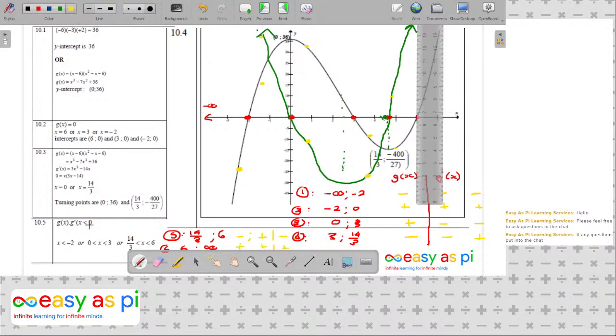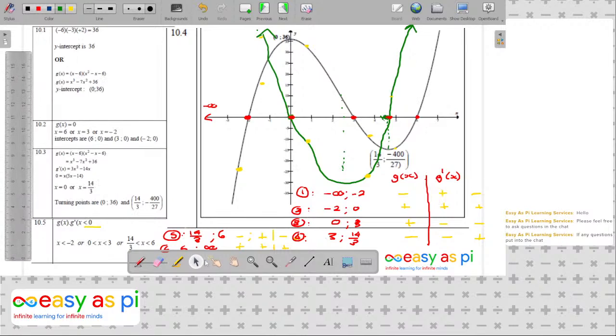Now, when I wanted less than 0, which are the combinations that gave me that? Let's move the ruler out of the way. And let's circle in green the combinations. Well, we know this one gave me a negative. We know this one gave me a negative. And we know this one gave me a negative. And of course you can see they say it here.